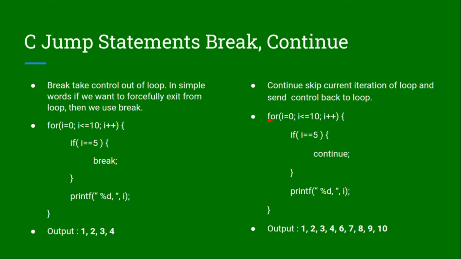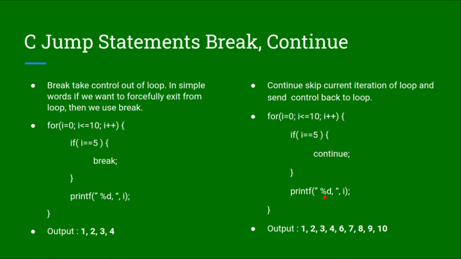For example, here is the same example, but instead of break I am using continue. So what will happen here? In the same way it will print 1 2 3 4. When 5 comes, this condition becomes true, the continue will execute and the control will go back to the loop. The i becomes 6 and then it will start printing. So it will skip the iteration and send the control back to the loop for the next iteration.